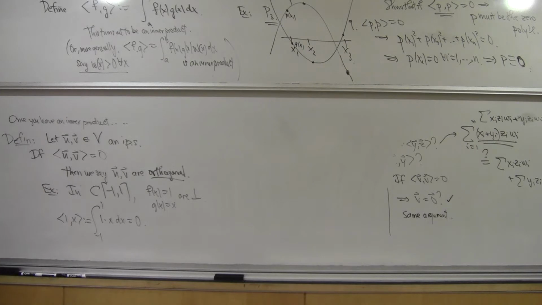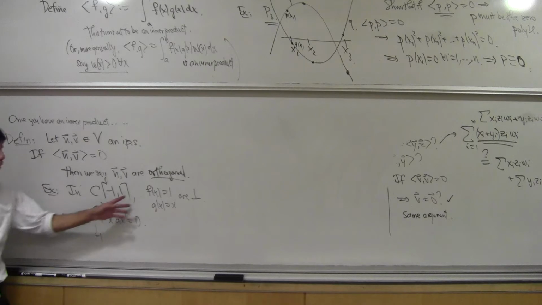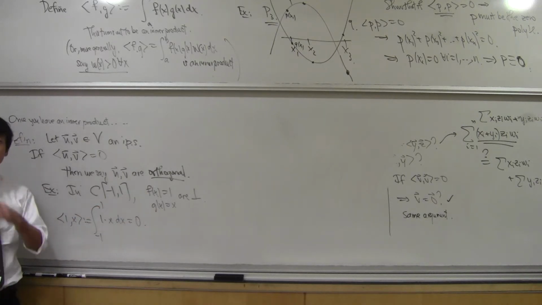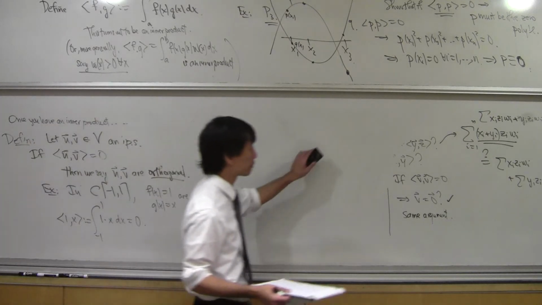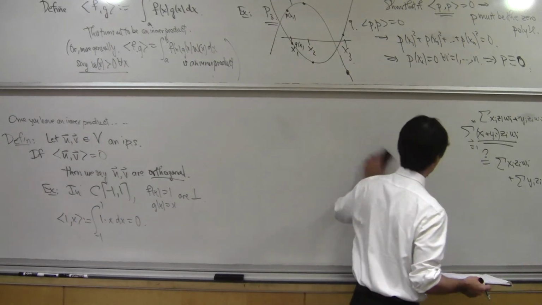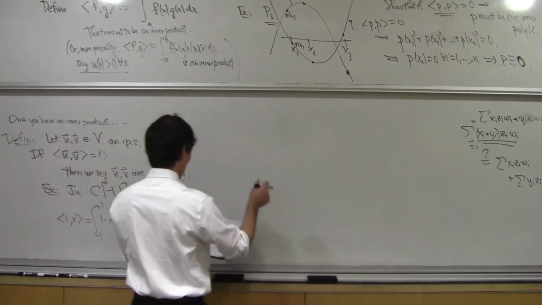The inner product of 1 against x: you take the function against the other function, integrate between -1 and 1, you get 0. And so these functions are perpendicular to each other. So we can talk about a kind of geometry, functions being perpendicular to each other.